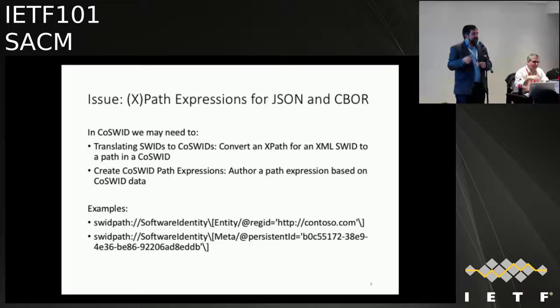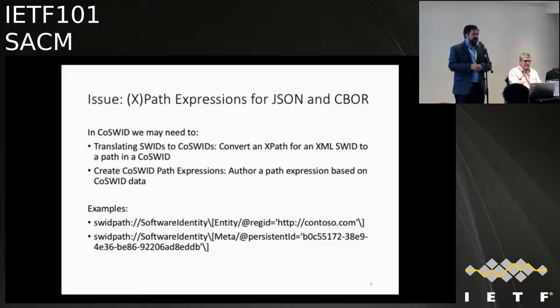So the first way is by referencing the tag ID of the tag, but in many cases it's really inefficient to enumerate potentially dozens, maybe even hundreds of unique tag identities, because every time you release a new version of the software, it gets a new SWID tag or a new CoSWID tag, and so there can be a large number of tags that you might want to reference.